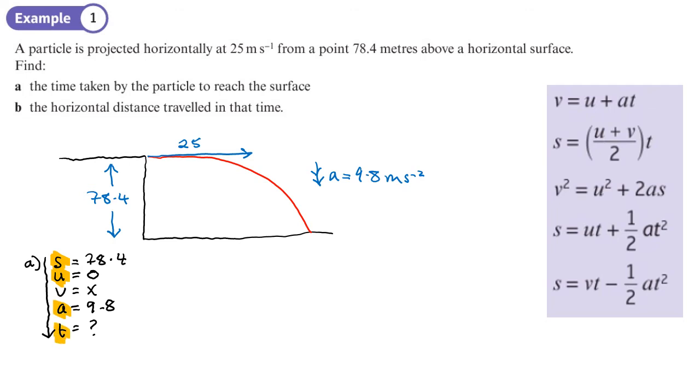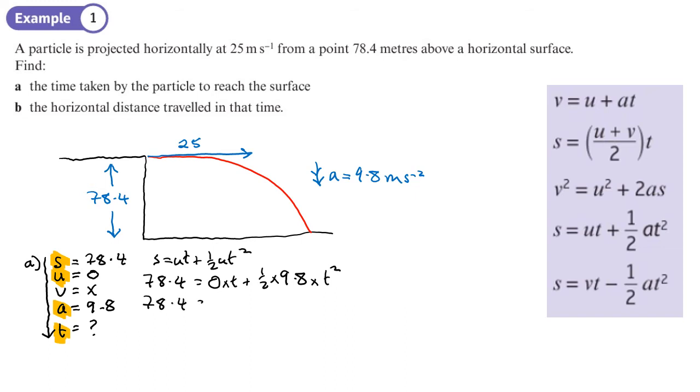If I go to my SUVAT equations, I will find that is S equals UT plus half AT squared. So we just substitute in: 78.4 equals 0 times T plus half times 9.8 times T squared. Well, the 0T cancels out, so we don't end up with a quadratic that we have to solve.